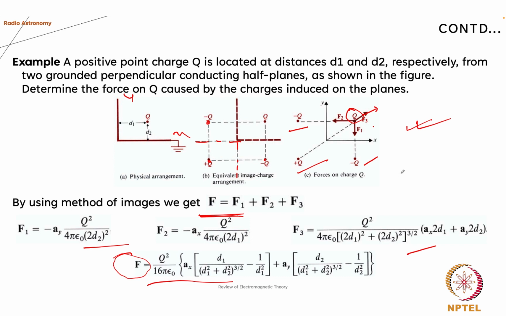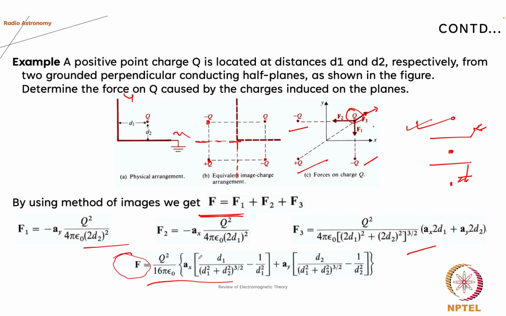So you can take any system of charges. For example, there are two grounded conductors like this, and there is a charge here. In this case, you can also calculate how the force is acting upon this charge. Here you will get q by 2, and here you will get minus q by 2, minus q by 2 on both sides, so that this is balanced.